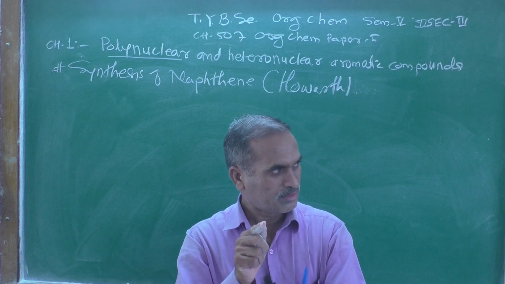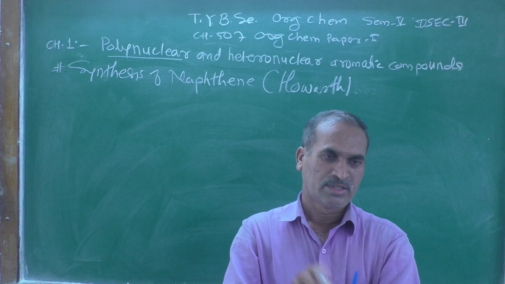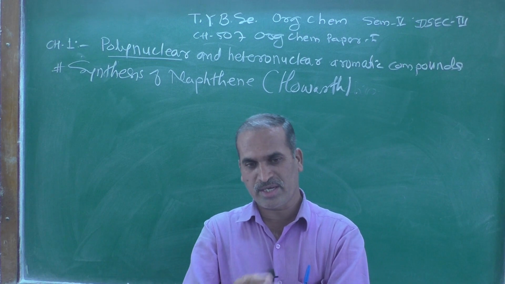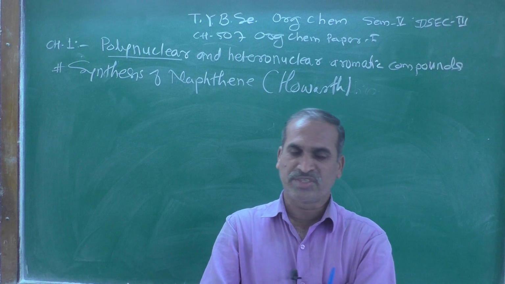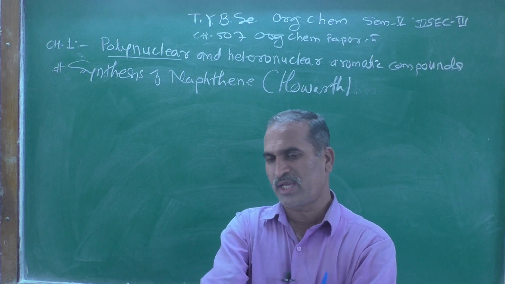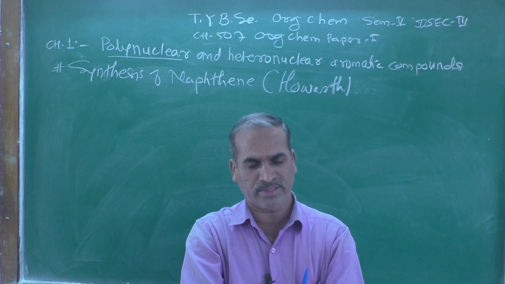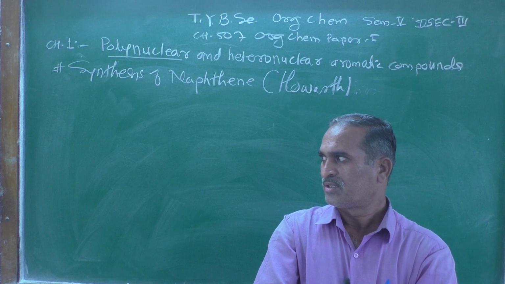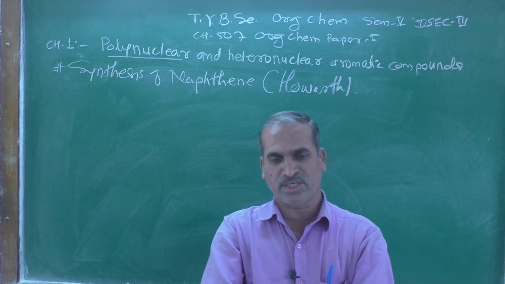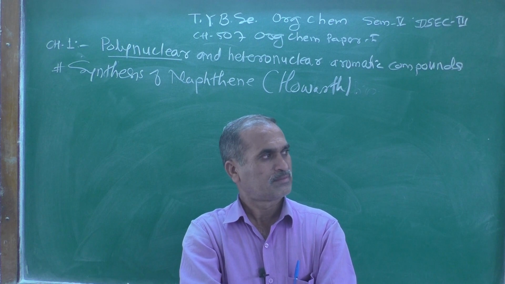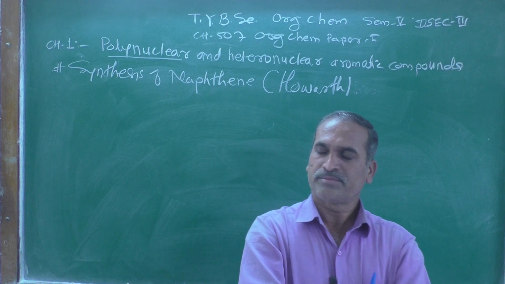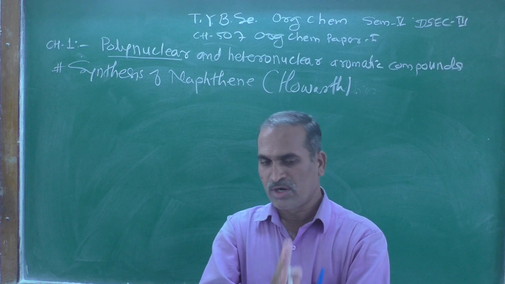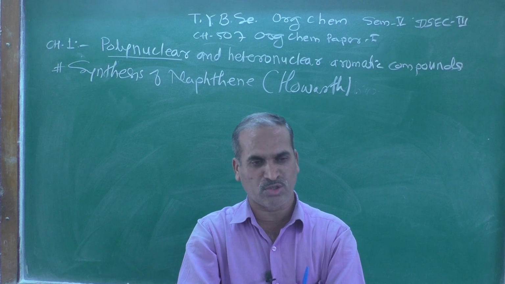After reducing that, the acid which is present at one terminal is cyclized by using hydrogen fluoride, and when cyclization takes place, tetralone is obtained. That tetralone, once again, he used Clemmensen reduction for the conversion of the carbonyl group into a hydrocarbon.